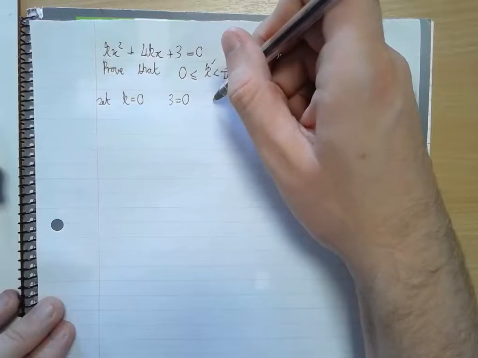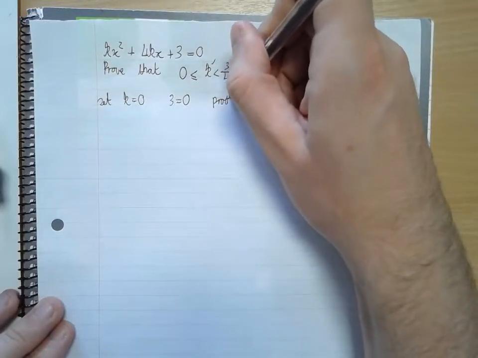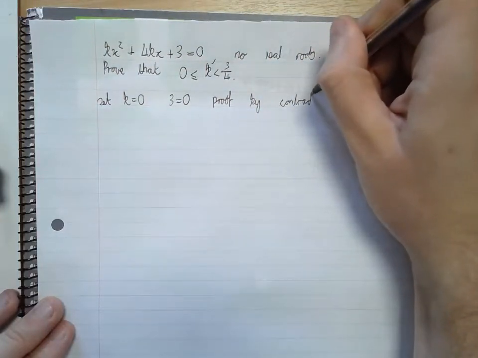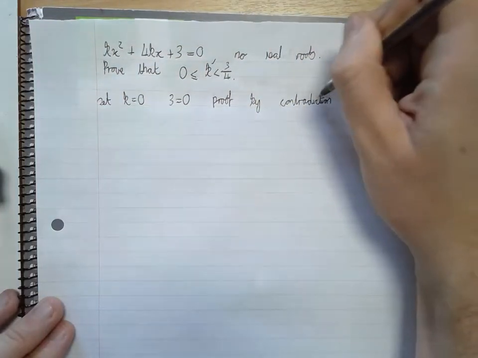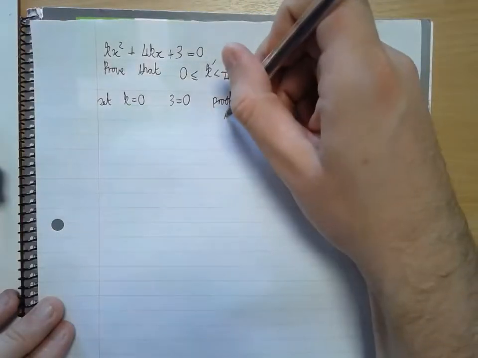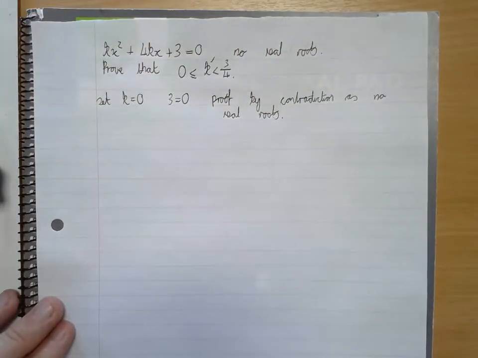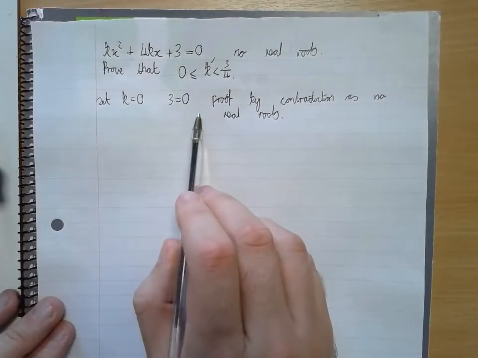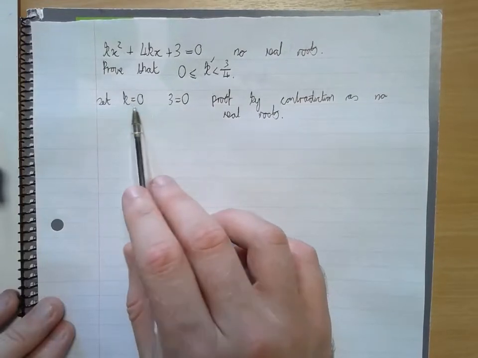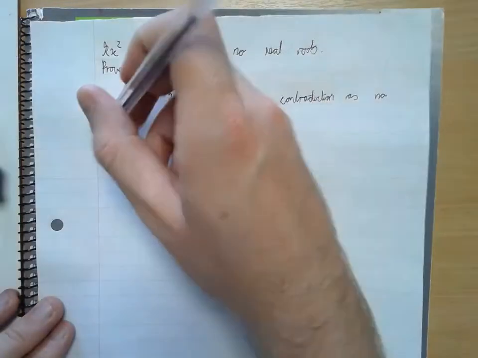That can't give any real roots, and I call this proof by contradiction. It's not providing any real roots because 3 can't equal 0, so we know that k equals 0 is a possible solution here.